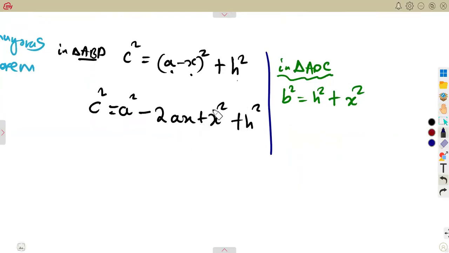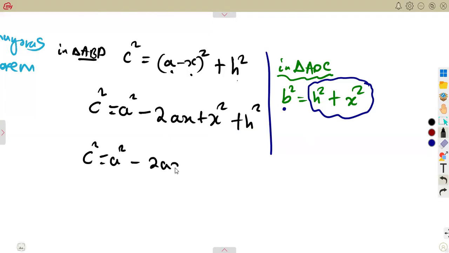There is something that is common here: H squared, X squared, H squared. X squared plus H squared is equal to B squared. So we can simply substitute from what we got in triangle ADC. C squared is equal to A squared minus 2AX.